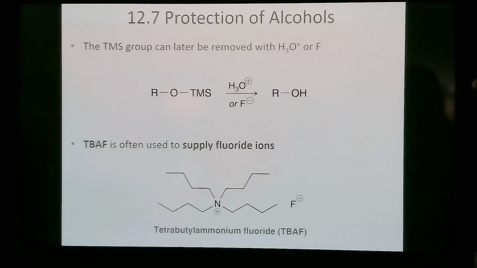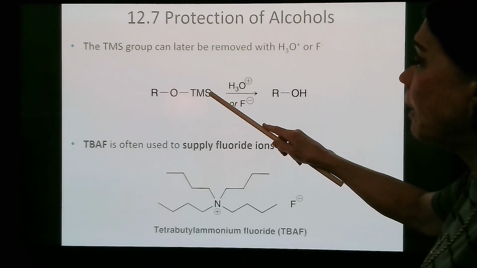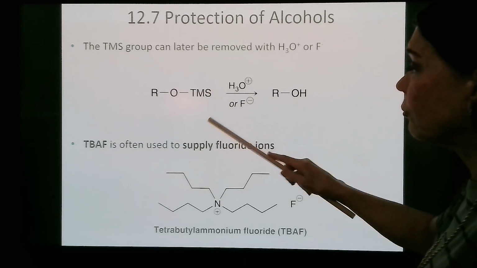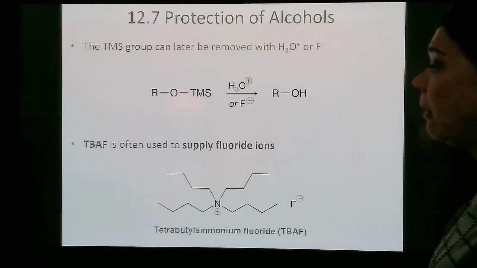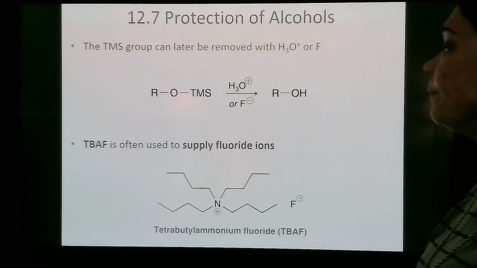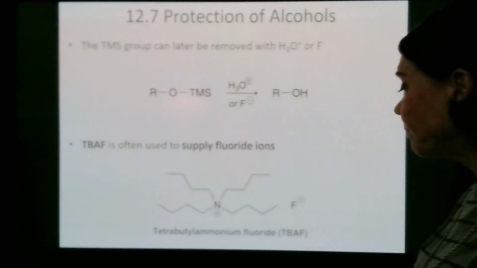And here, the same thing with fluoride. Fluoride can do a backside attack on silicon bearing three methyls. And the silicon-fluorine bond is very strong. And so often you will see the fluoride used.